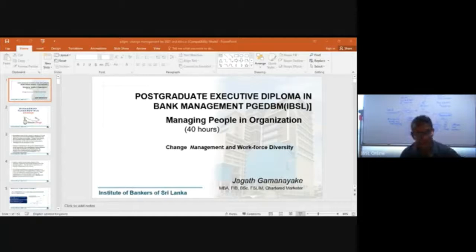I think you understood what force field analysis means. Again, it is a stage model. There are two types of forces: driving forces, which encourage change, and restraining forces, which hinder change.